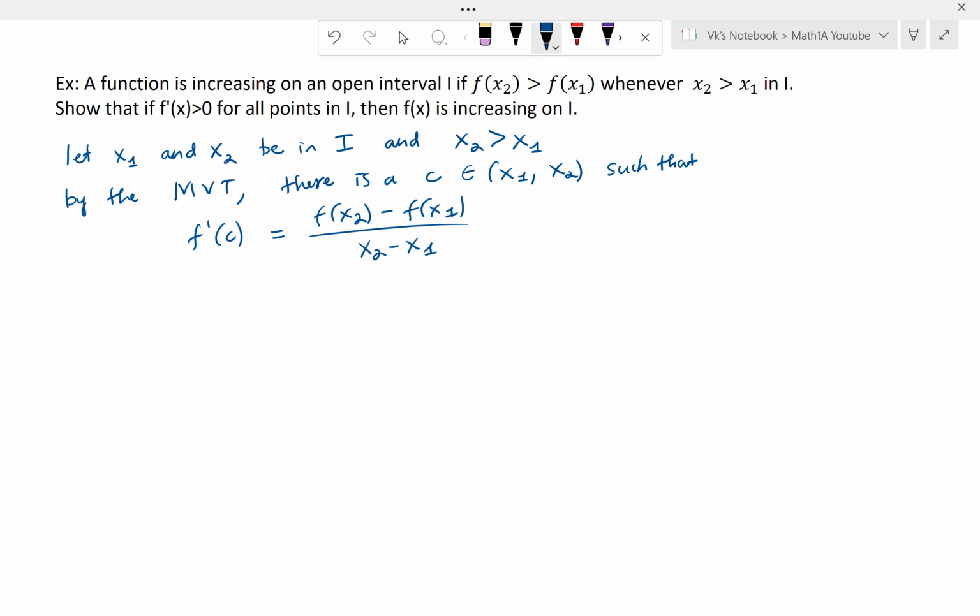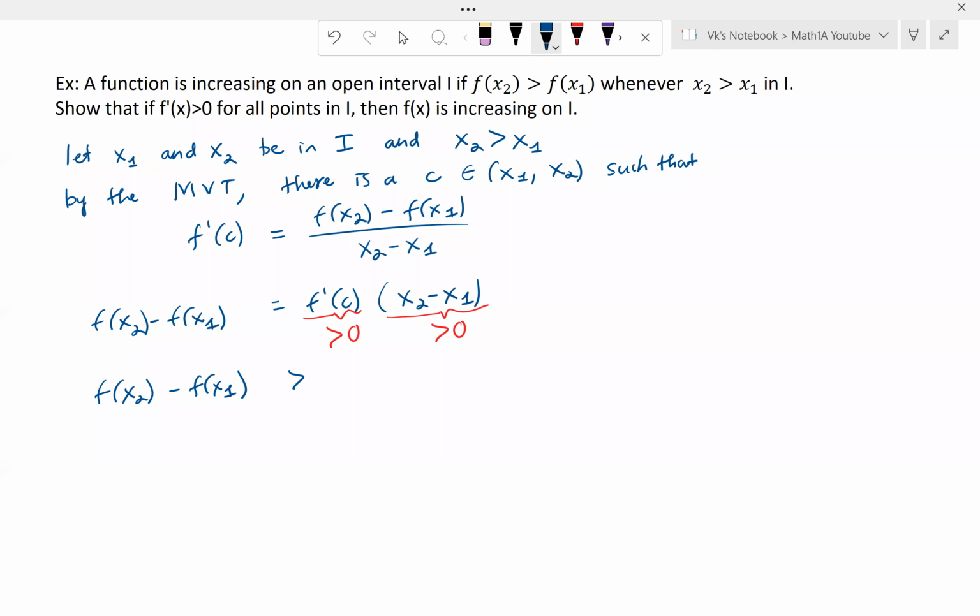Now we need to show that f(x2) is greater than f(x1). So we know f(x2) minus f(x1) equals f prime c multiplied by x2 minus x1. Well, f prime c is more than 0 from the assumption, and x2 minus x1 is more than 0 because x2 is more than x1. So f(x2) minus f(x1) is greater than 0.